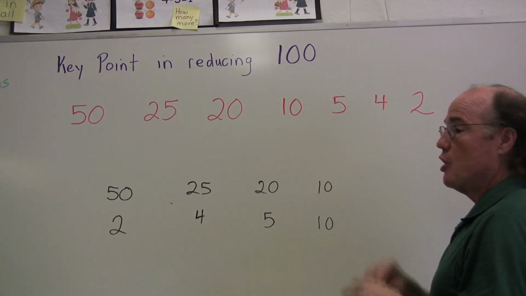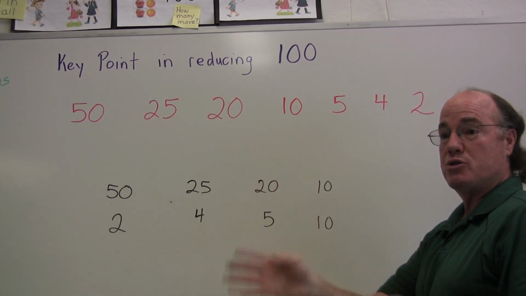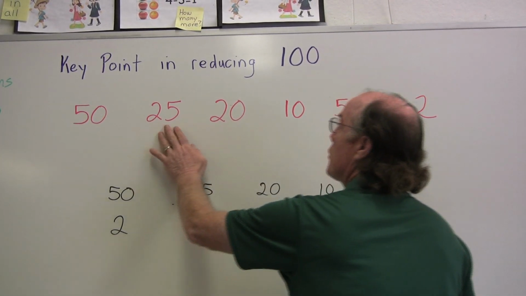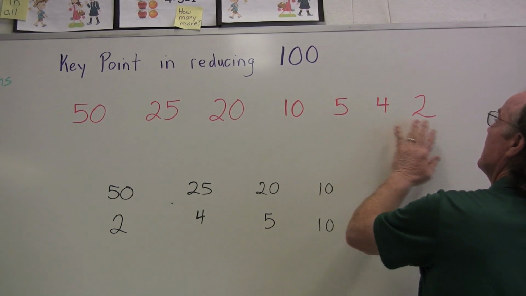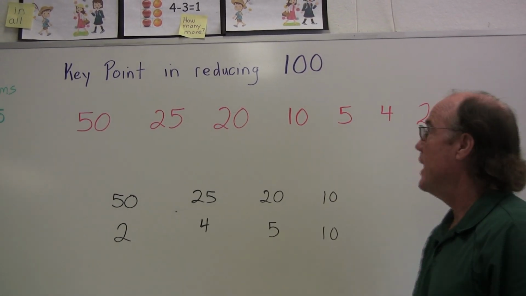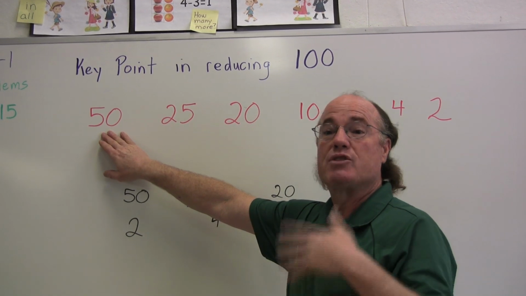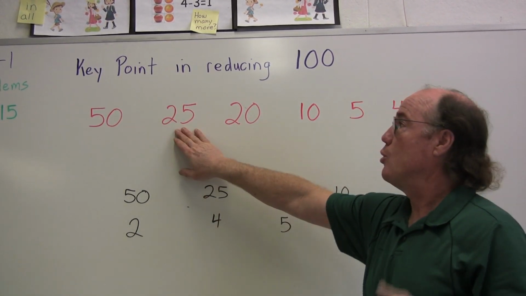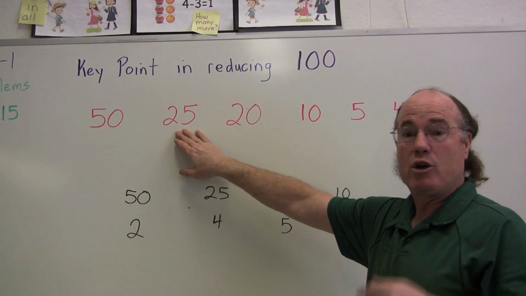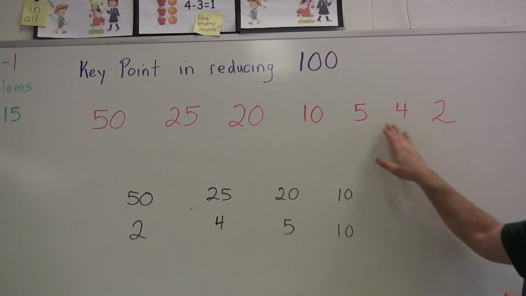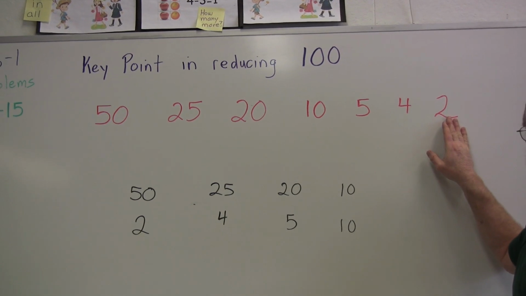So when we have to turn fractions into percents or percents into fractions, we have to know which numbers can go evenly into 100, okay? And so 50 can go evenly, like 2 half dollars go into a dollar. 25 goes in evenly, like quarters. 20 goes in evenly, 10, 5, 4, and 2.